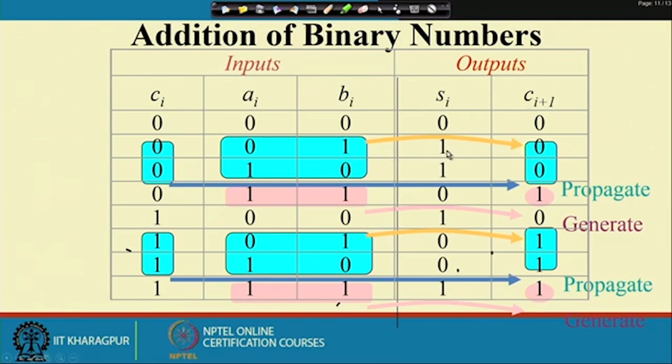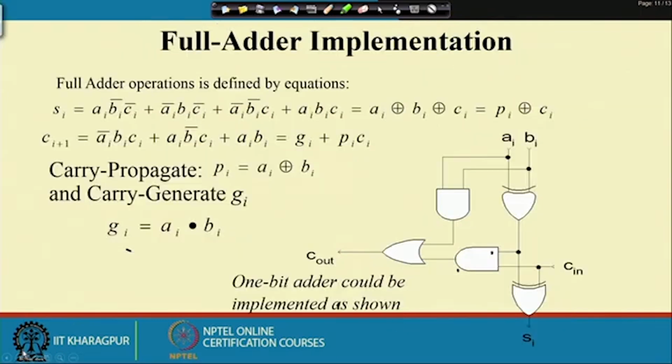So, if carry in is 0, then carry out is 0. If carry in is 1, at that time carry out becomes 1. So, for carry propagation the logic is Ai XOR with Bi.